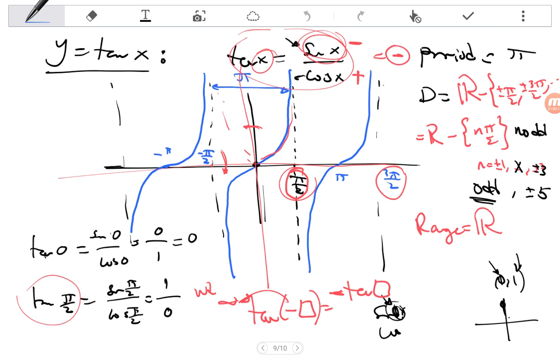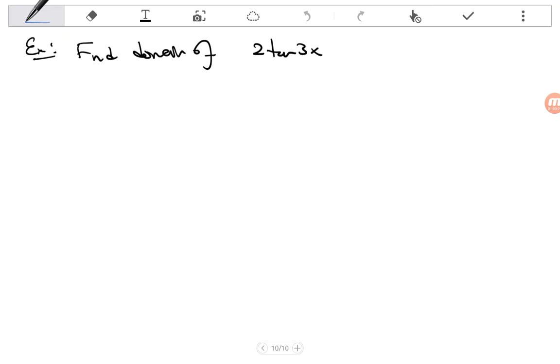Now, as you have seen, for tan x, what is the domain? The domain is x not equal to n pi over 2, n odd. So we may have some expression inside the tan instead of x. If I required the domain of this expression, all values are accepted except the values for which what is inside the tan is equal to n pi over 2, n odd.